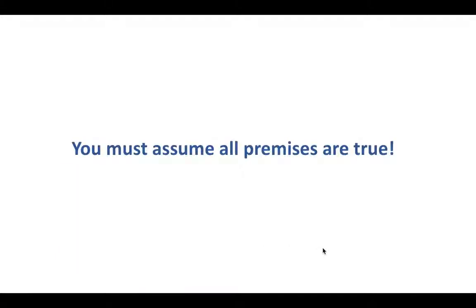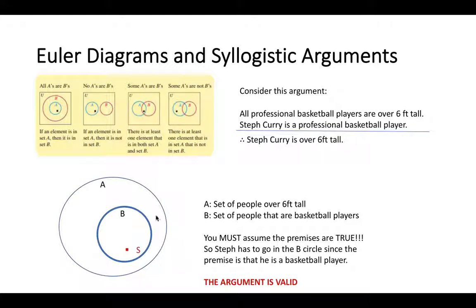Once again, assume all the premises are true. Since the premise is that Steph Curry is a professional basketball player, he has to go in the professional basketball player circle. Since he's inside the B circle, he's automatically inside the A circle. This argument is valid. There's no other place for us to put Steph Curry. So he is over 6 feet tall.